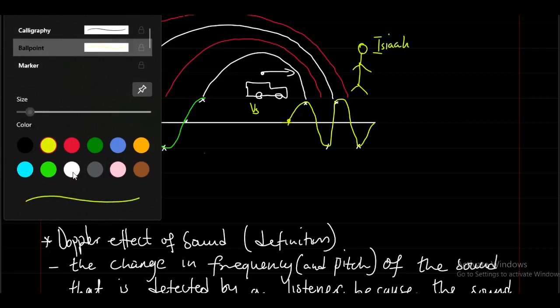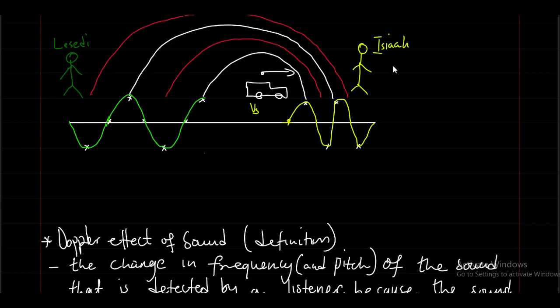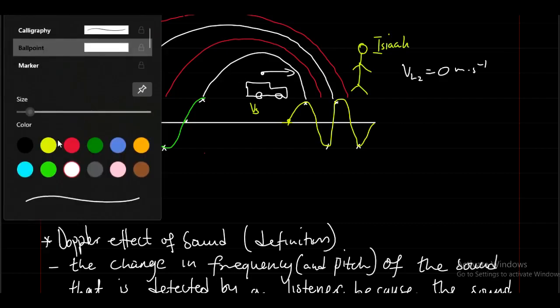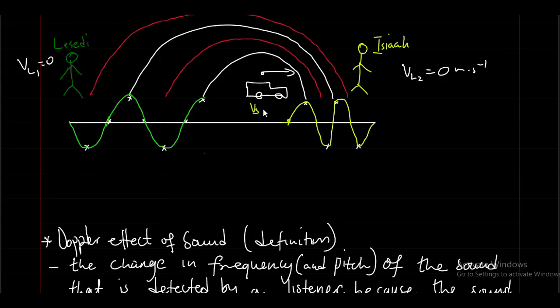Both Isaiah and Lesedi are still stationary. So Isaiah's velocity is 0 meters per second, and also Lesedi's velocity is 0 meters per second. But our sound source is moving at speed v that we don't know about yet.